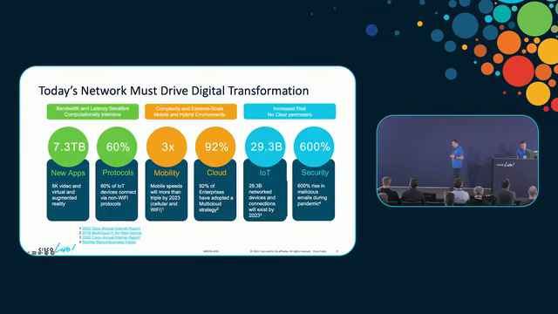Now, we know that with digital transformation, there are many challenges, and the challenges that our customers are facing, especially how do we support this digital transformation. There are a couple of things. Number one, bandwidth-hungry and latency-sensitive applications. Because the new generation applications are consuming more and more, we are seeing huge demand in terms of bandwidth. If we take the example of 8K video, which is consuming up to 7.3 terabytes of data, up to 100 megabits per second per channel, it's a lot.